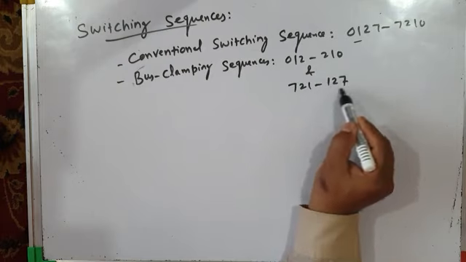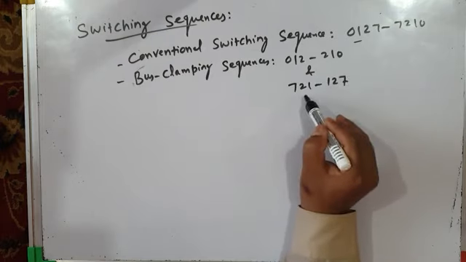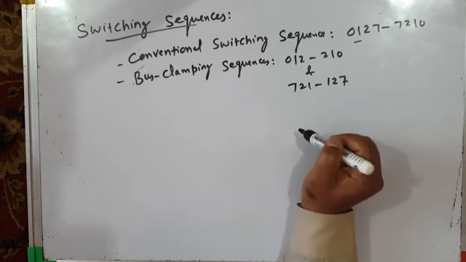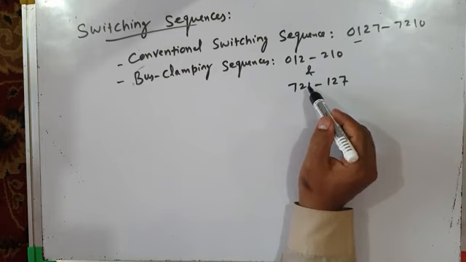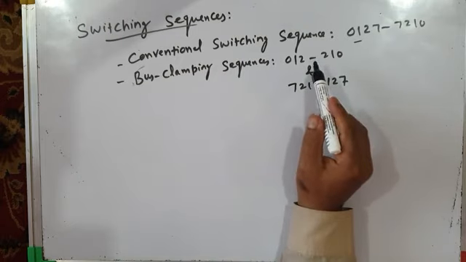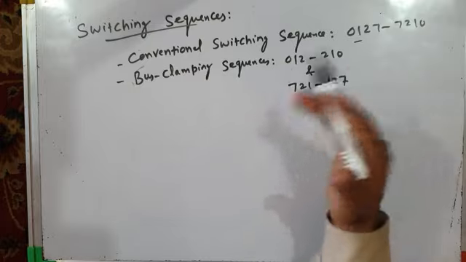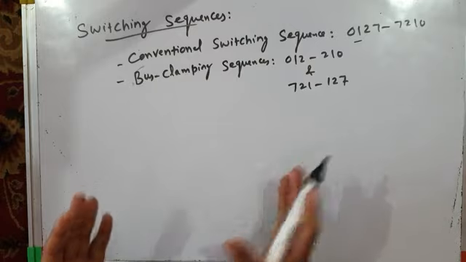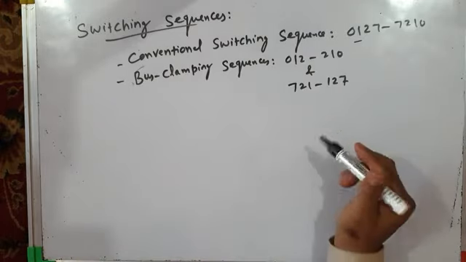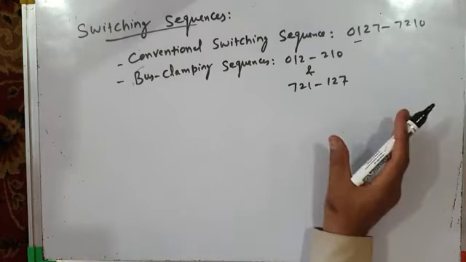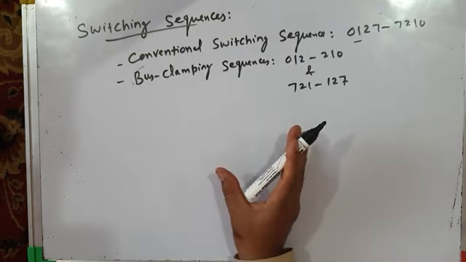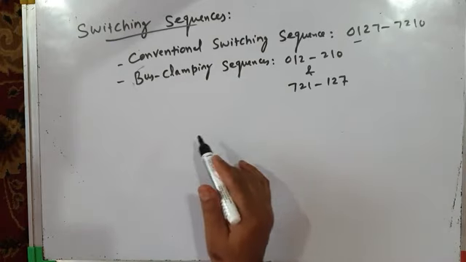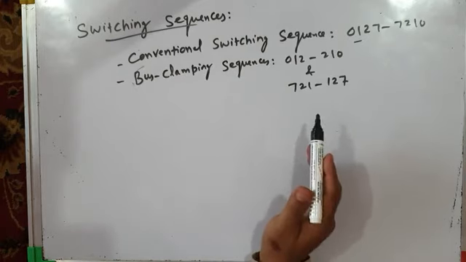This bus clamping sequence will result in clamping of each phase leg to positive DC bus. And when you use both of them, like in 60-degree clamp PWM or 30-degree clamp PWM, they will result in clamping of each phase leg for equal intervals of time to positive DC bus and negative DC bus. Maybe in a continuous way, in continual clamp PWM, or in a split way, in split clamp PWM. We have already studied those. I'm not going into those details. Already we have discussed those clamping sequences and those bus clamping PWM techniques in detail.